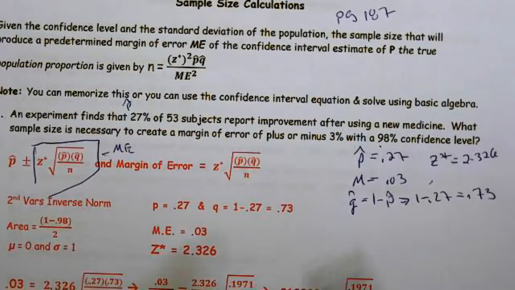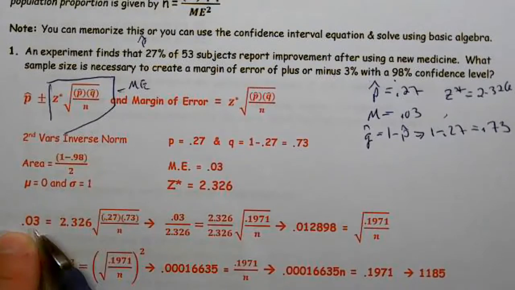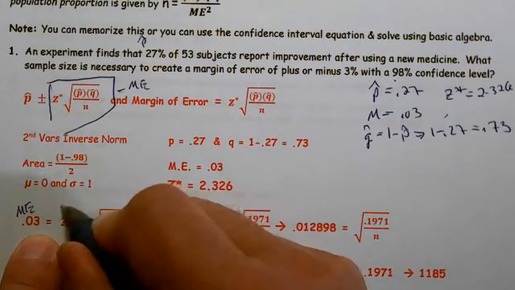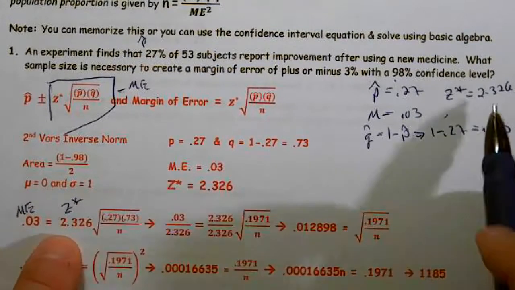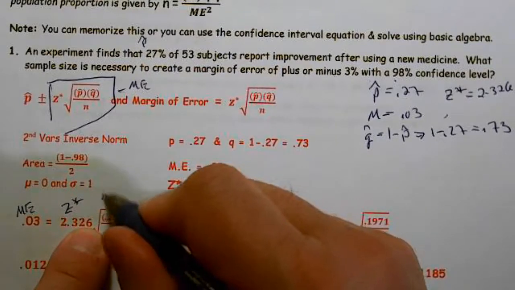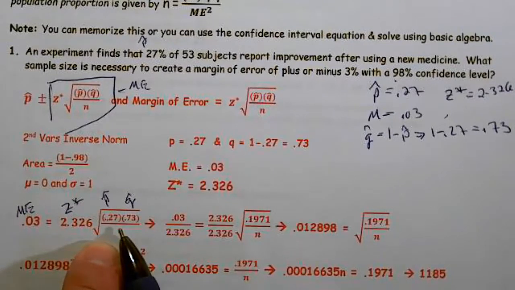All right, so now I have everything written out. There's my margin of error. I'll label that. Here's my Z star that we calculated over here. There's P hat that they gave us.